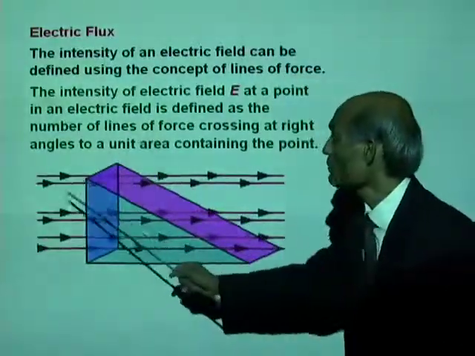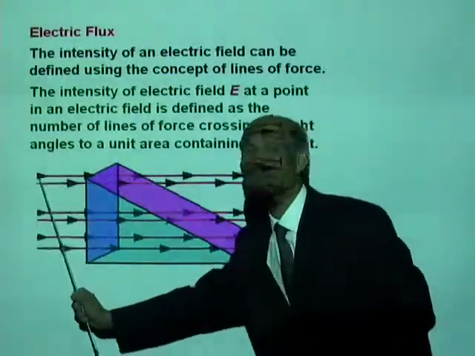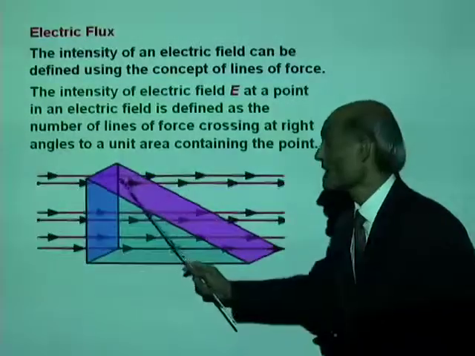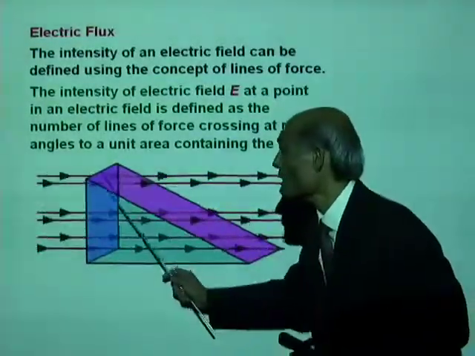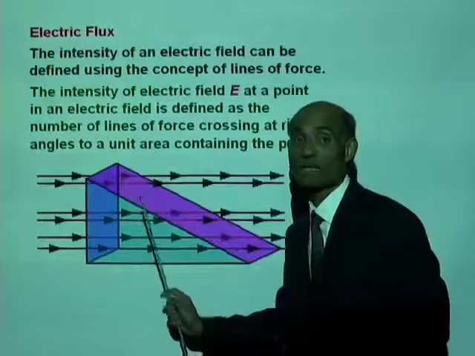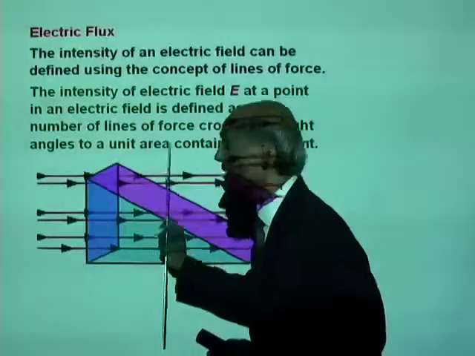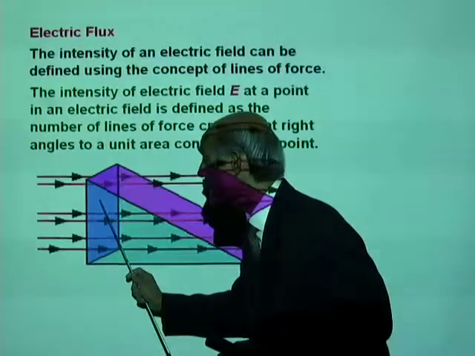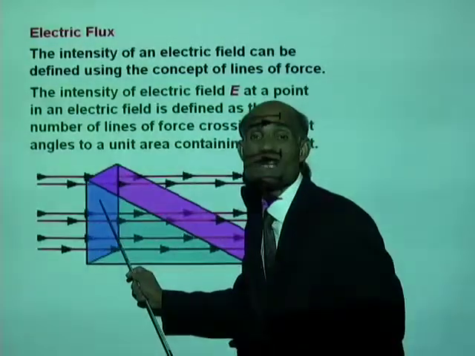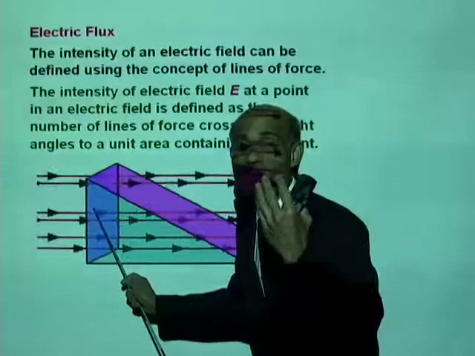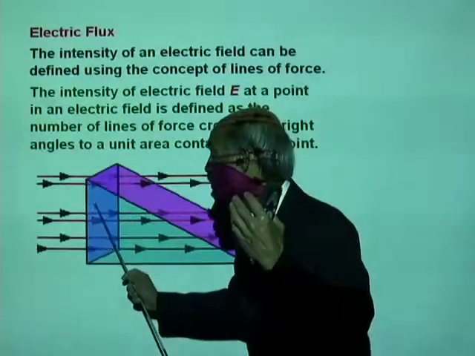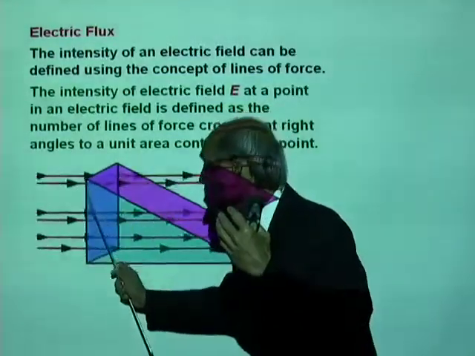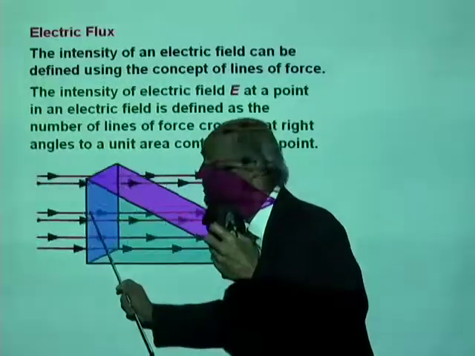Now here you can see lines of force moving from left to right and crossing this area, right? Now what is the definition of electric field I gave you? If I want to define the electric field here, all I need to do is measure the number of lines of force crossing at right angles to a unit area placed there.